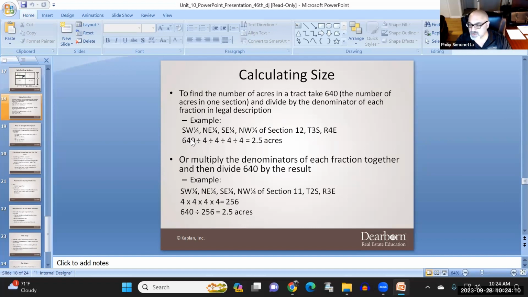Because 640 acres is 1 square mile. Remember? So the way you calculate it is you look at the problem and you take the denominators. 4, 4, 4, 4. You don't have to pay attention to the rest.